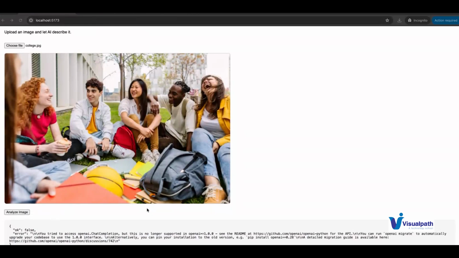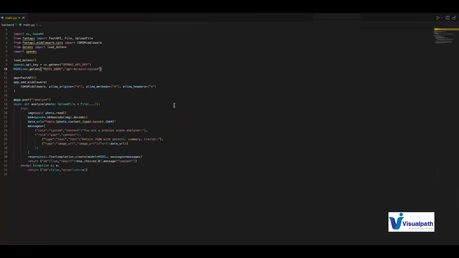So now, to develop this thing, let me show you how many lines of code I required. How many lines of code? Hardly 33, 34. And in that also, the starting couple of lines is to import the required modules or Python libraries.